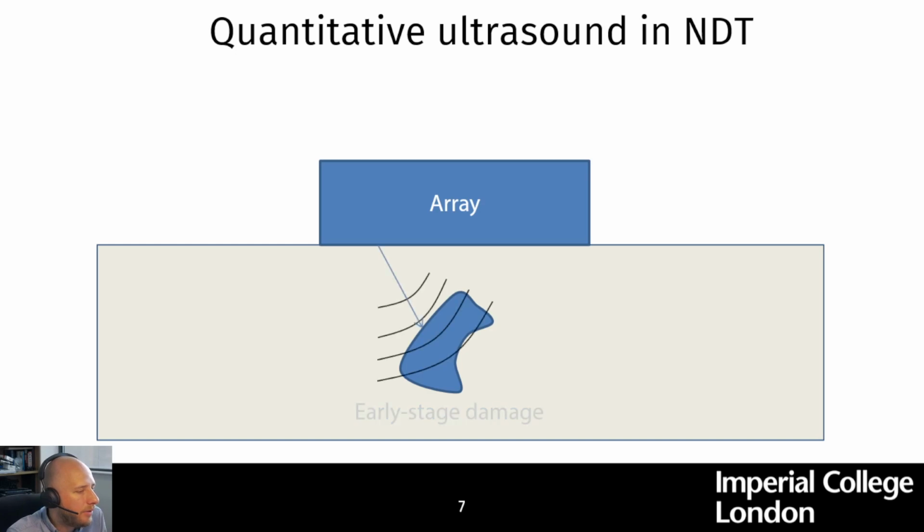And what we can do is we can send in waves from that array through this potentially damaged region and try and quantify it. What we'd normally look for are these sharp reflections from a crack or a void or some other traditional NDT defect. But because this is early stage damage, we don't have a sharp defect, so we really don't get very much reflected from it, and it's often a very gradual boundary as well, so you don't see very much in the way of reflections.